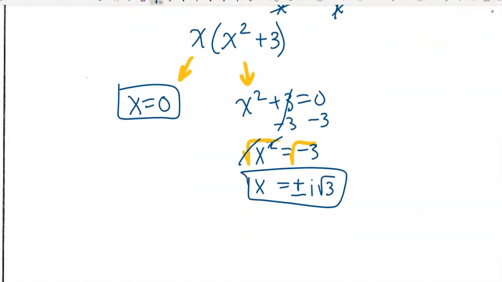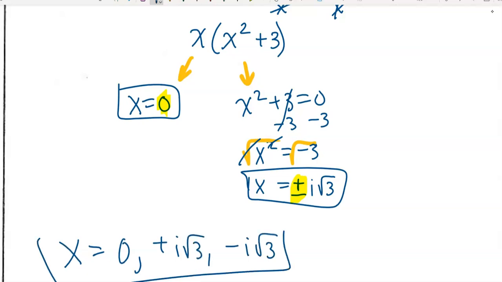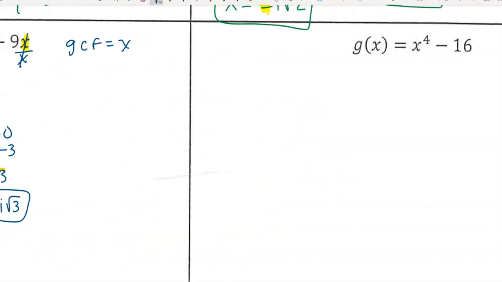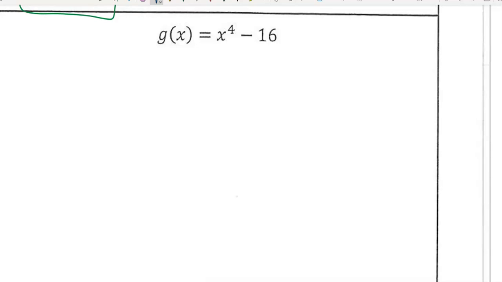Now our three roots: we have two roots here, plus and minus, and 0. So our three roots here are going to be x equals 0, positive i square root of 3, and negative i square root of 3.